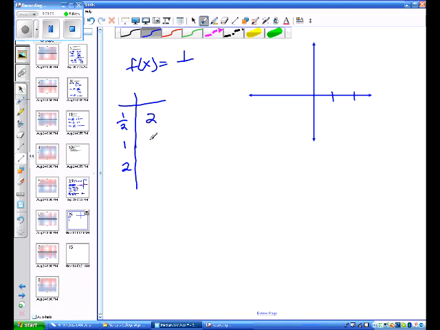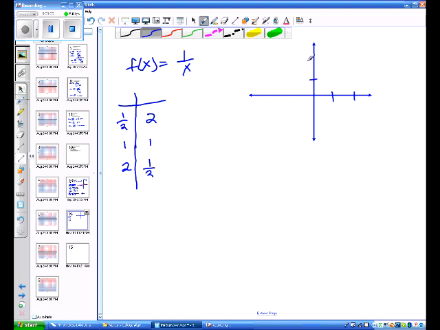Well, 2. The reciprocal of 1 is 1, and the reciprocal of 2 is 1/2. X and y are reciprocals of each other. You could go through and write down 1 over 1/2 and divide, but if you just think of the name, this is what we mean by reciprocal. On your calculator, that's the reciprocal key a lot of times. Your points are reciprocals of each other.